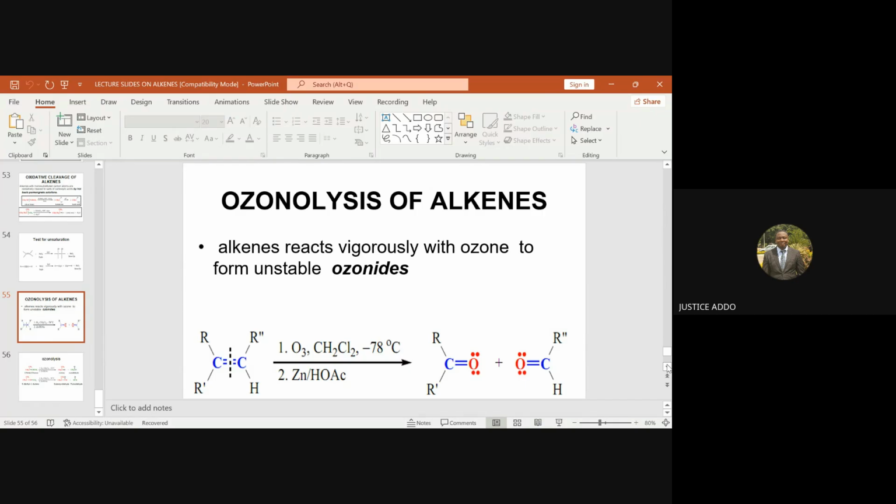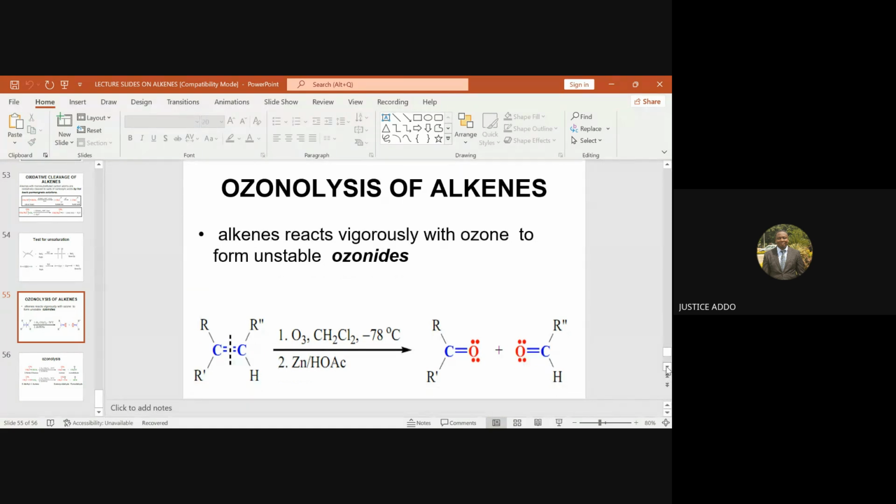So alkenes react vigorously with ozone to form the ozonides, and then the ozonides, after catalytic reduction, will form the aldehyde or ketone. So for ozonolysis, you need ozone in dichloromethane, followed by catalytic reduction.